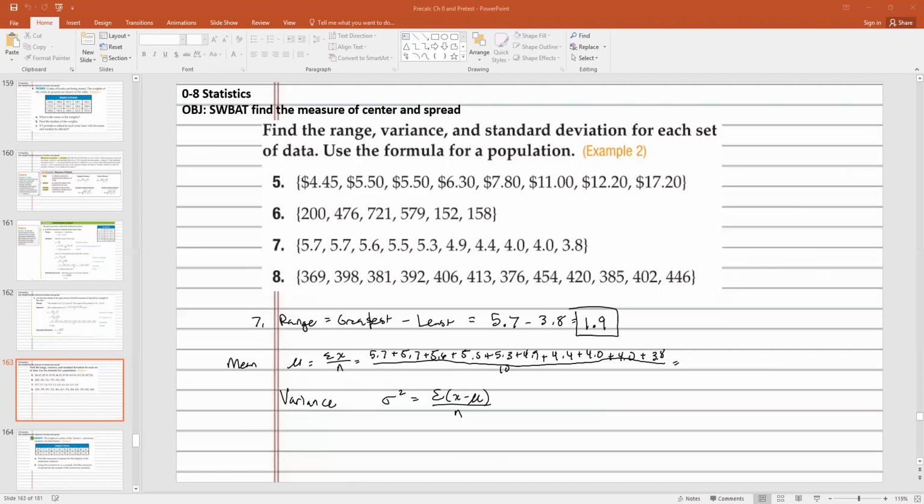Close parentheses divided by 10. Yeah, it's good. And we get 4.89. Do you want to round? No, don't round until the end.